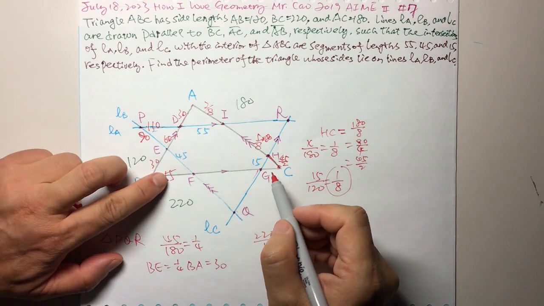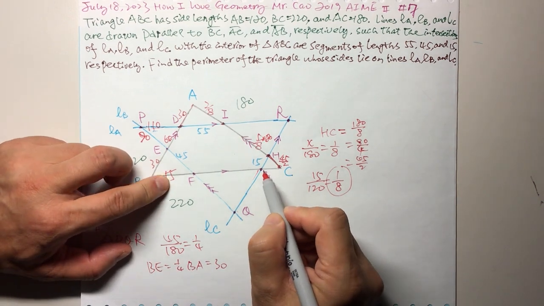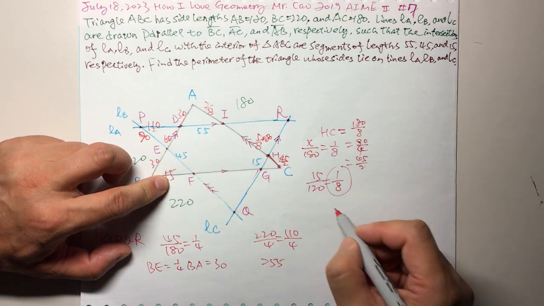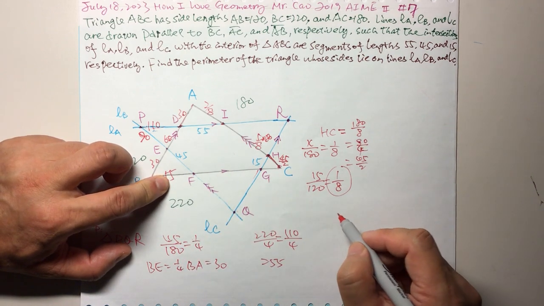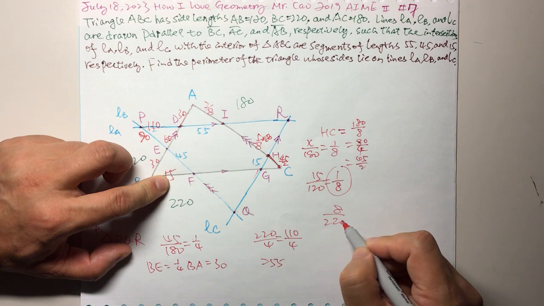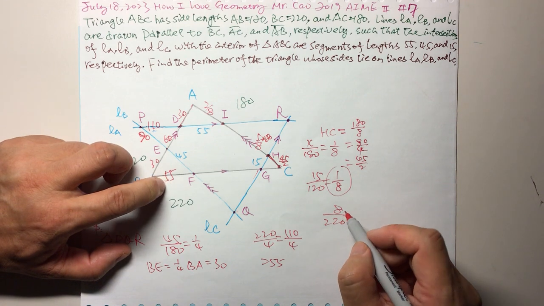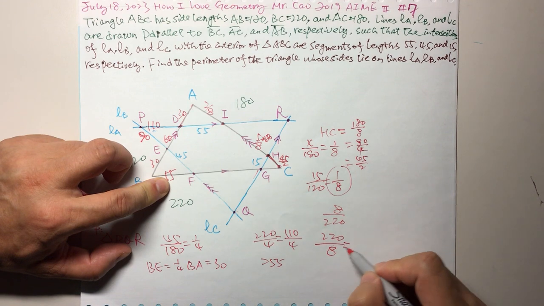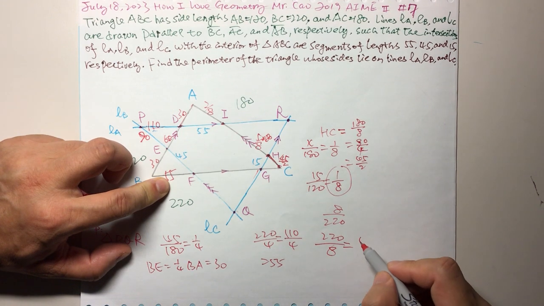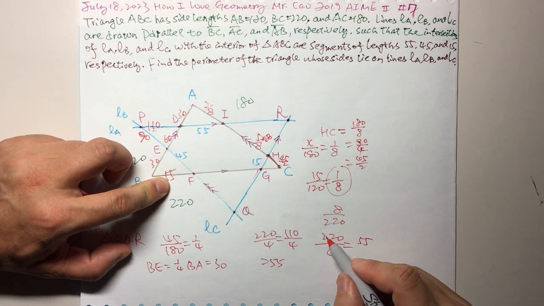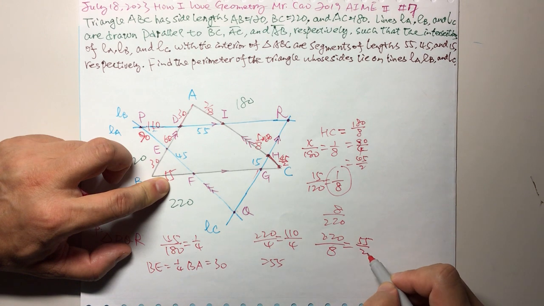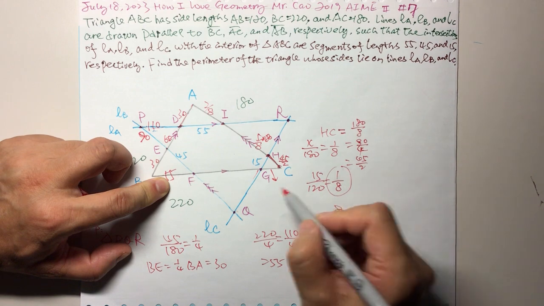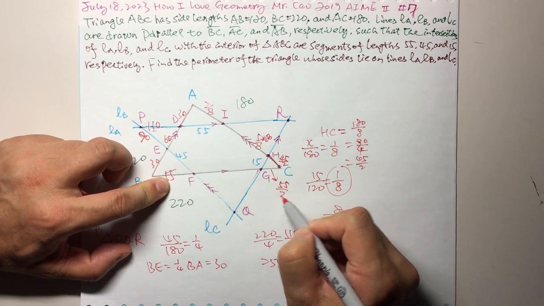And how long for CG? CG to the total is 1 over 8, so it's 220 over 8, which is 55 over 2.